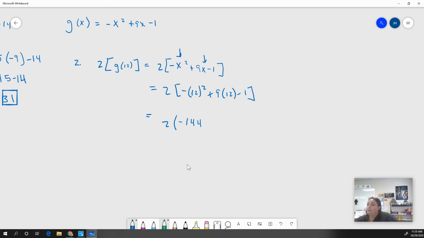I was way off. Plus 108 minus 1. And so if I look at this, I've got 144 minus 108, so I've got negative 36 right here. Minus 1 is negative 37.